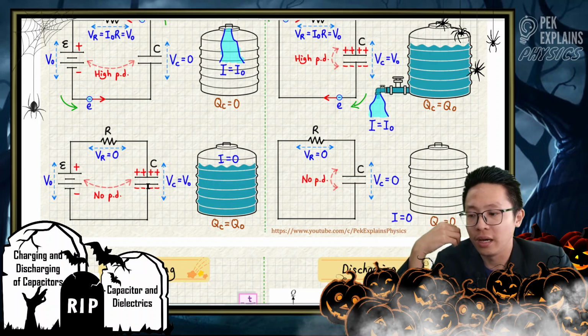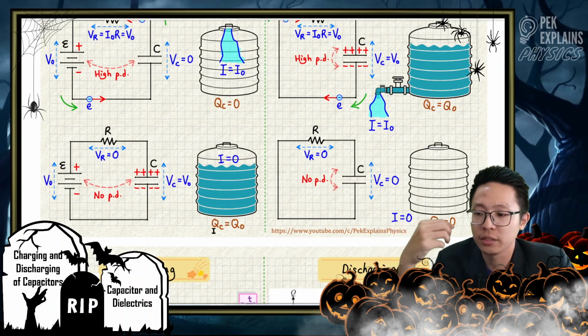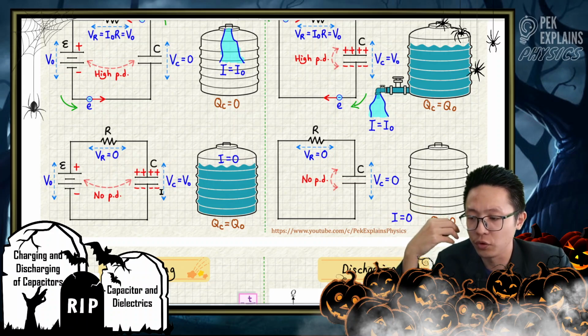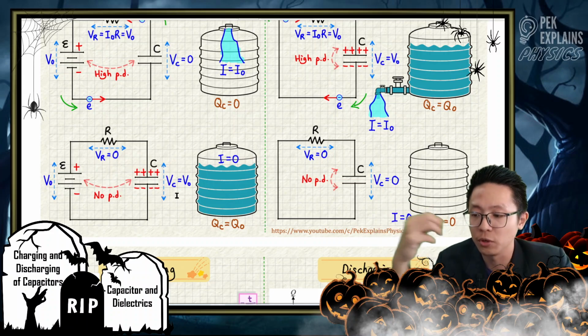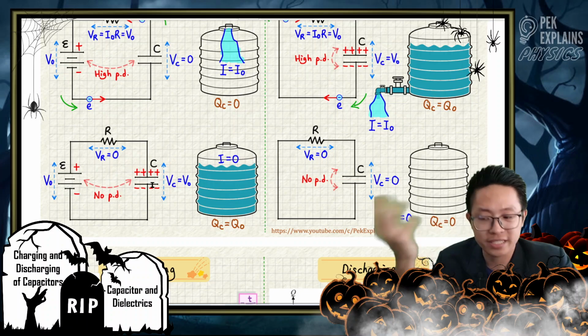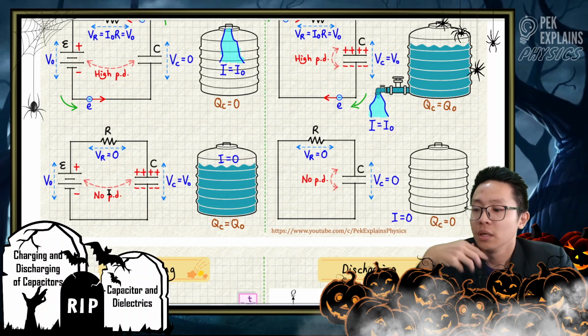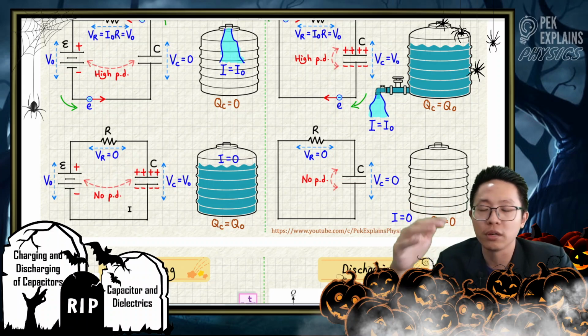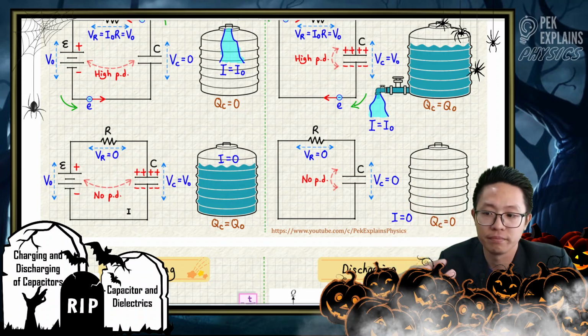It's like when the capacitor is fully charged, the charge of the capacitor becomes Q0 and the voltage across the capacitor becomes V0. When there is maximum charge and maximum voltage, there's no more current flow, because the charging process has already stopped.